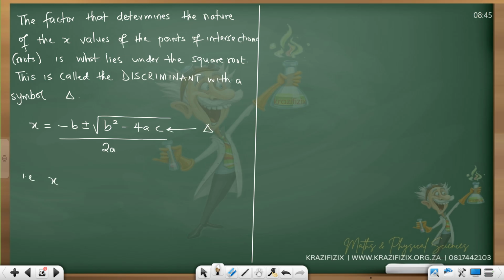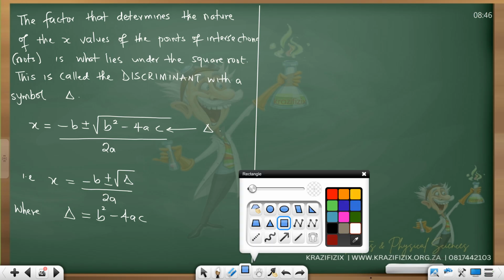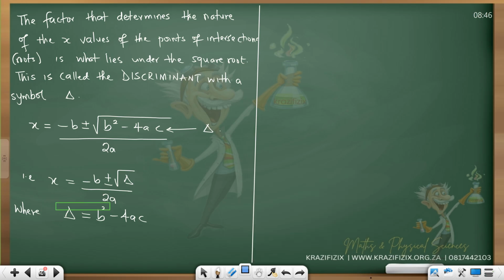That is, x can be written as minus b plus or minus square root of delta over 2a, where delta, which is our discriminant, is b squared minus 4ac. How this behaves will give us the value of x.